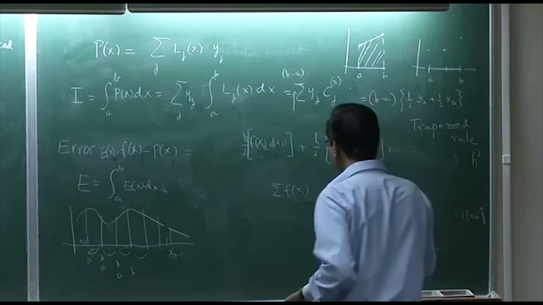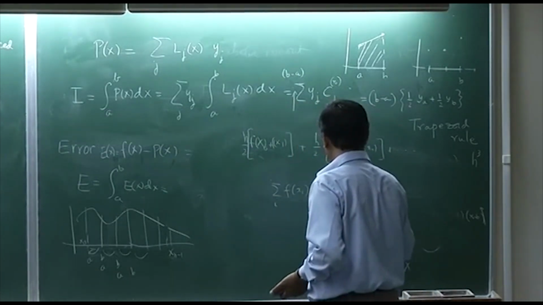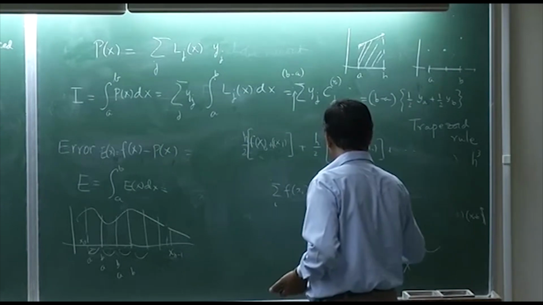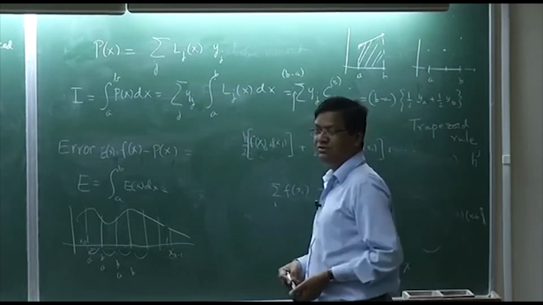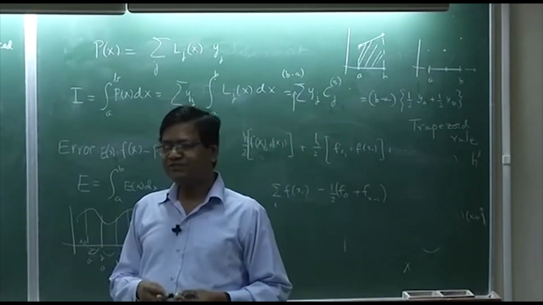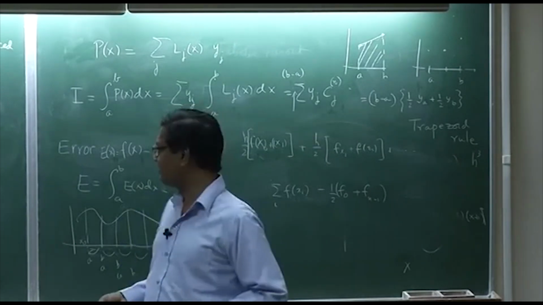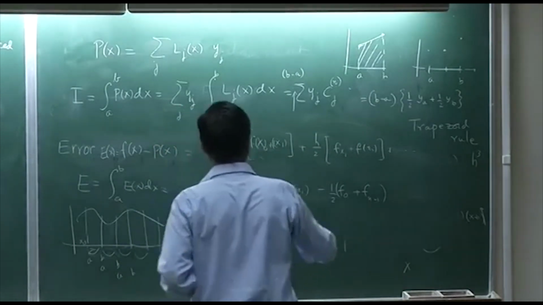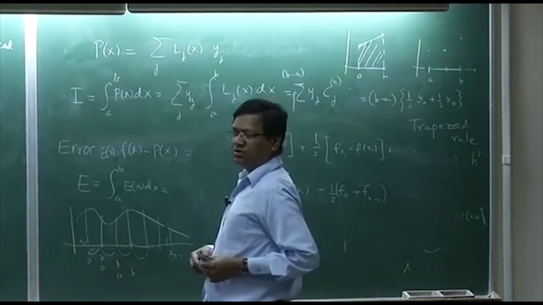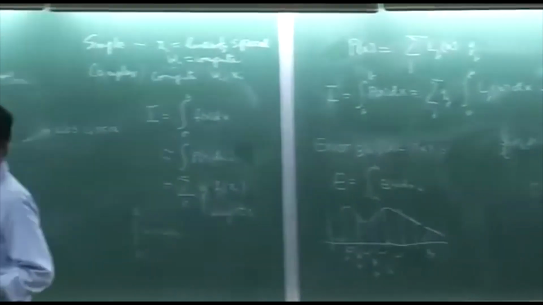So what I should do is just sum it up, minus half of f0 plus f(n minus 1). This is cheaper, right? I don't have to do 2n sums, I just do n sums and subtract one number here. Okay, so these kinds of tricks one can use and one should use.